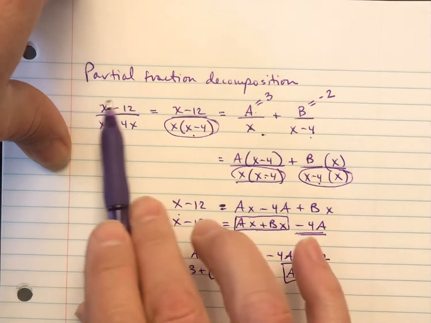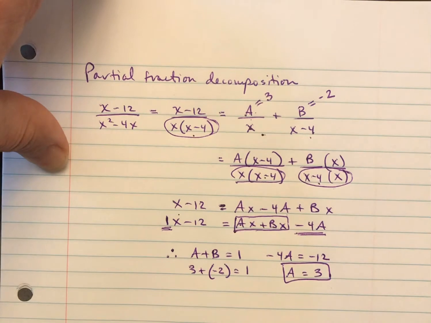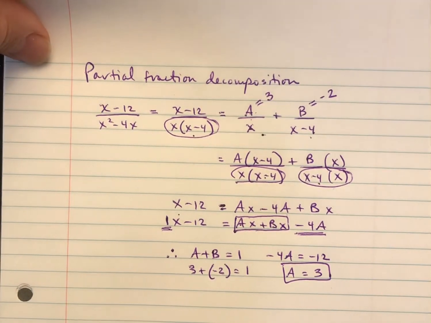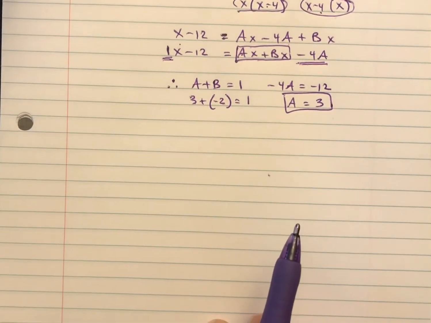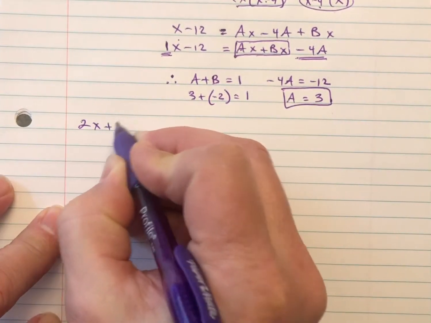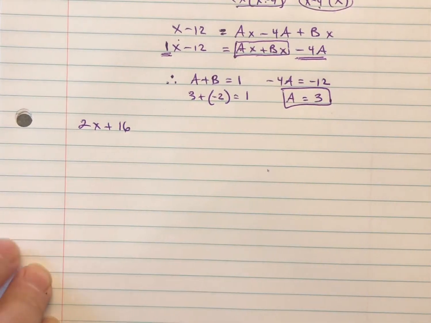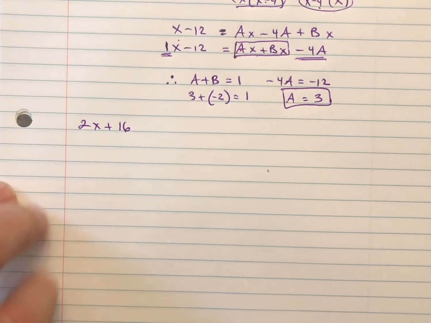So I have broken up this fraction into two other fractions, and that'll help us with those problems about the guppies and the gorillas. So now let me show you a different example. We have 2x plus 16, and if you want to look at these examples, I got these problems from page 375 on the logistic growth section.